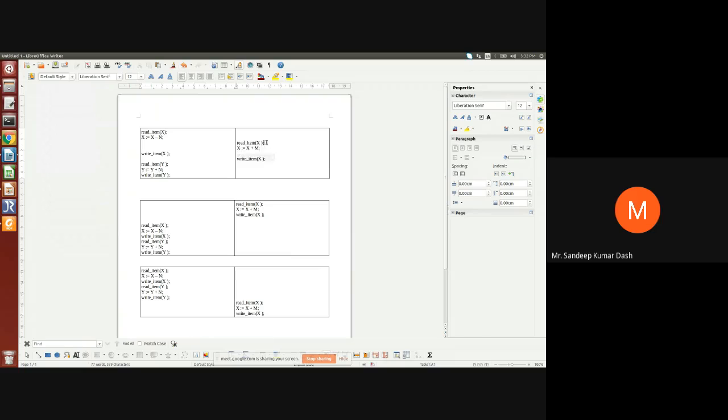Now similarly, this will go to 2. This will come to here. This will go to here. Now this will go to here. This will come to here. Now this will move up to here. This will come down to here.